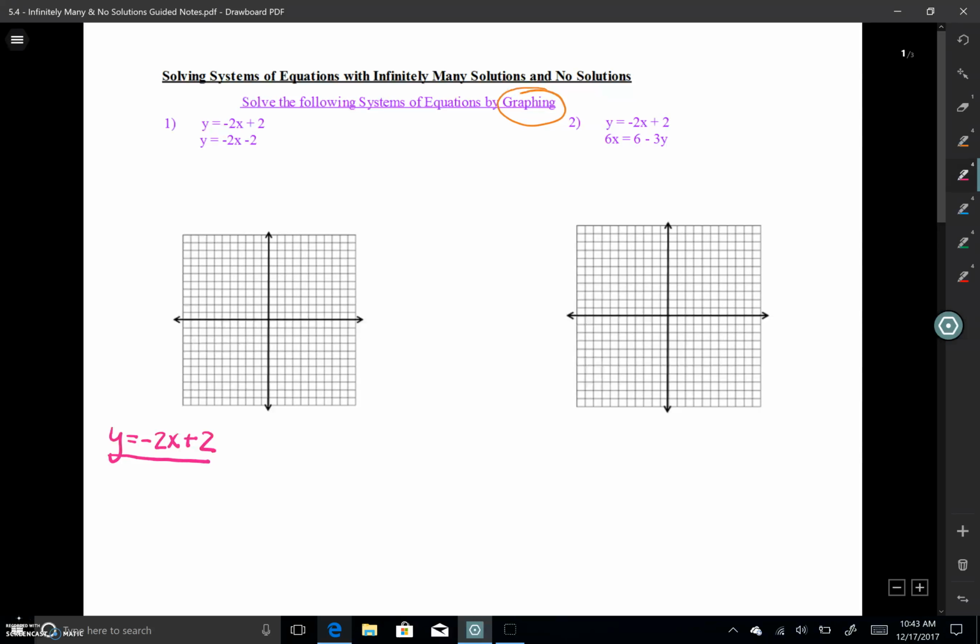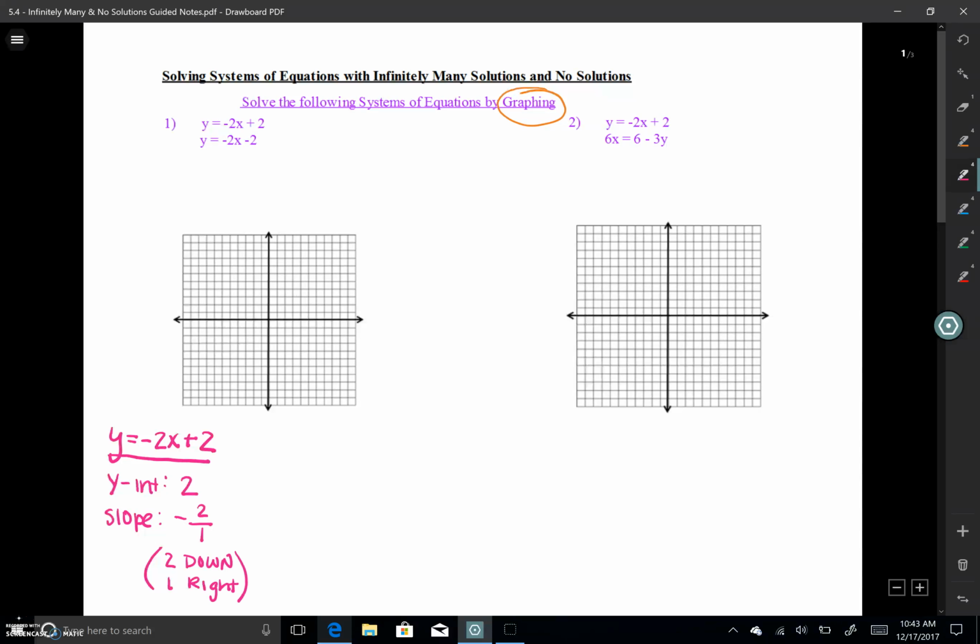Since both of these are already in slope-intercept form, I can begin to identify those pieces of information. For the first equation, y equals negative 2x plus 2, my y-intercept is positive 2. My slope is negative 2 over 1, which is 2 down and 1 to the right.